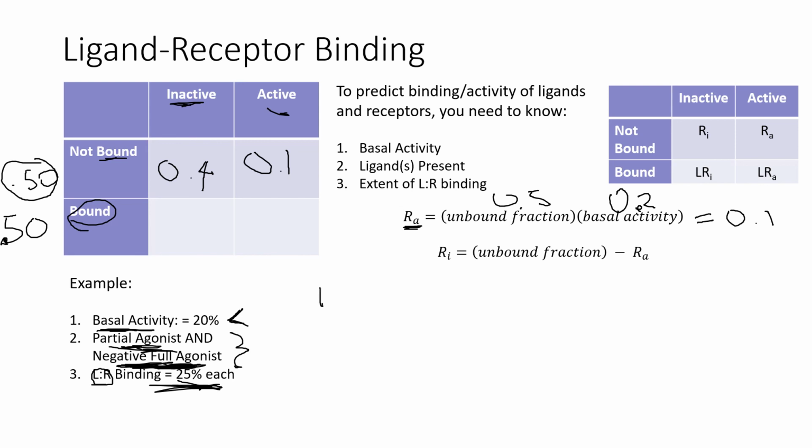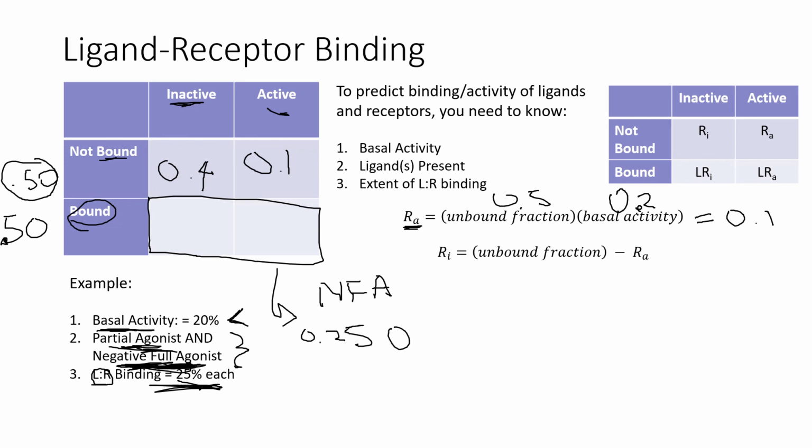So let's first talk about the negative full agonists, because that is a bit easier to talk about. And so if you take this box down to over here, we know that if it is bound, they are definitely going to be inactive. And so for that 25% of receptors, we're going to have 0.25 and 0.